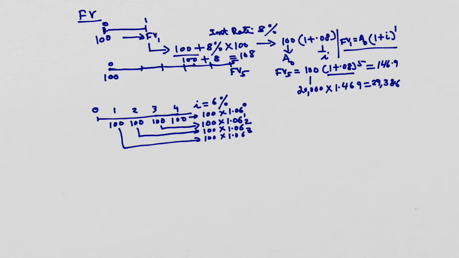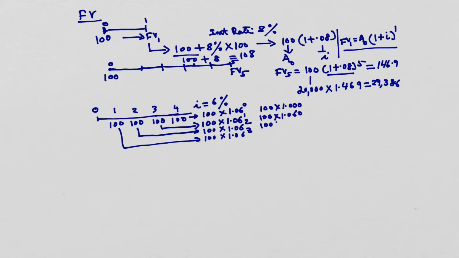Now, if you see, the factor is 1, so you have 1 into 1.000. Let me write 3 decimal points. In this case it's 100 into 1.060.